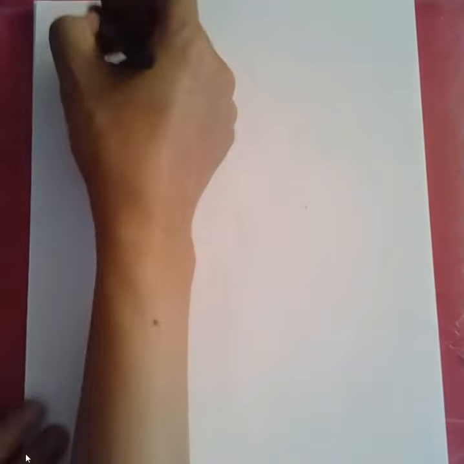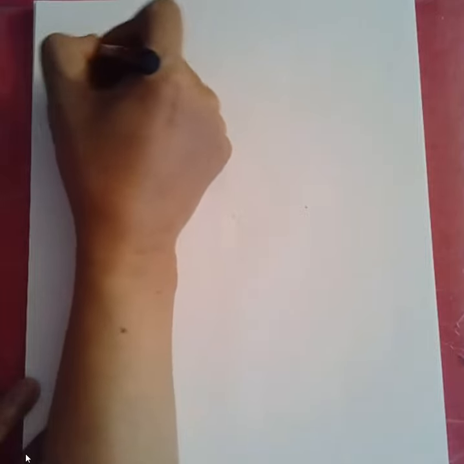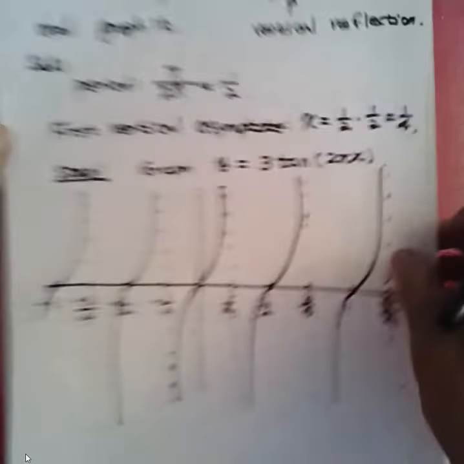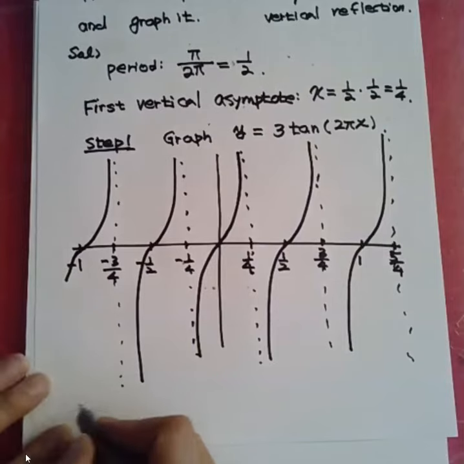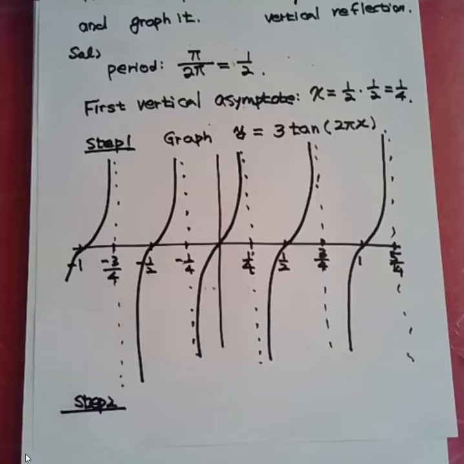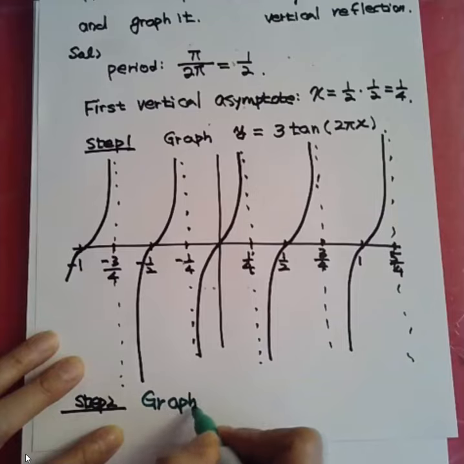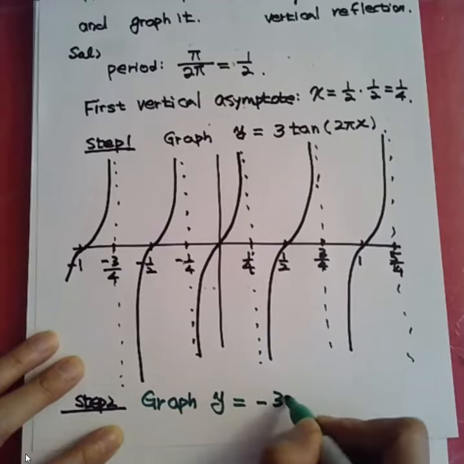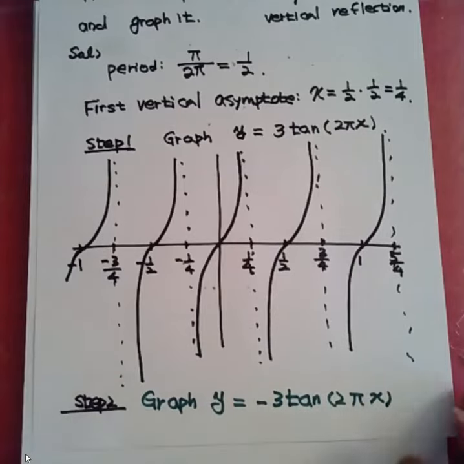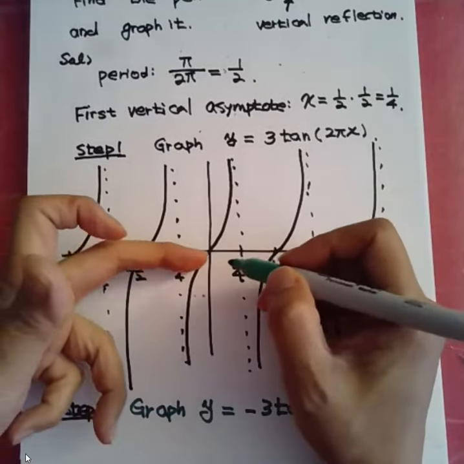The next step is flipping along the x-axis. Let me draw it together. We put negative to the entire function, so it'll switch the y value.